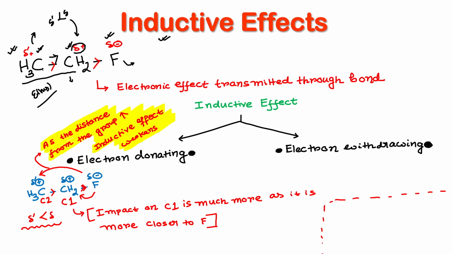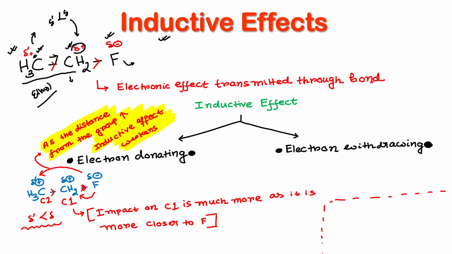Now if you go to the basics, you will understand that the electron deficiency on this carbon atom is formed due to the presence of this fluorine atom only. As fluorine is drawing electron density from this carbon, the carbon atom becomes electron deficient, and to compensate, it will also try to attract or draw more electron density from this carbon bond.